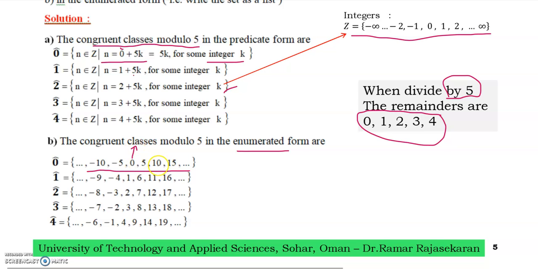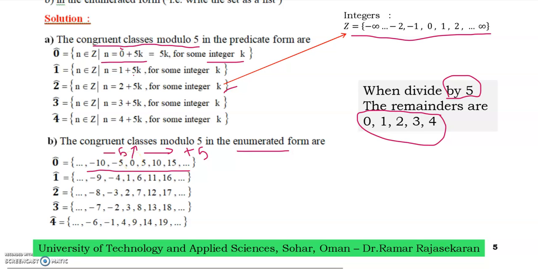Then on the right side you add 5, then plus 5, plus 5, and you will get all the numbers. On the left of this 0, you add minus 5, 0 minus 5, then again minus 5, again minus 5, and you will get all the elements on the left side of 0. This is one way.